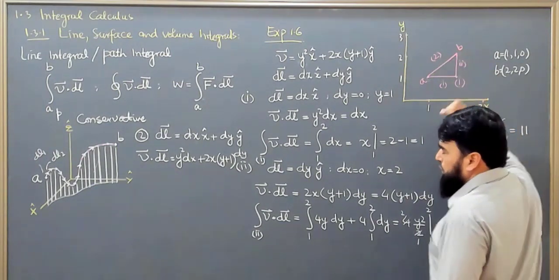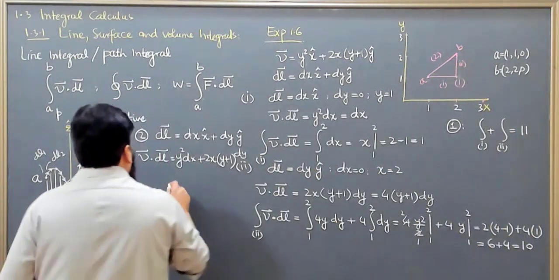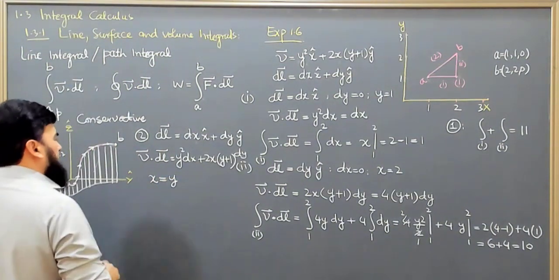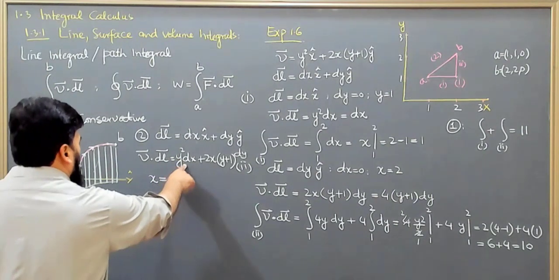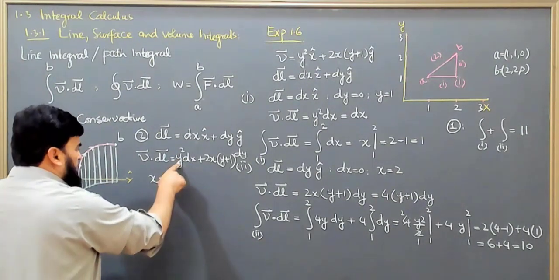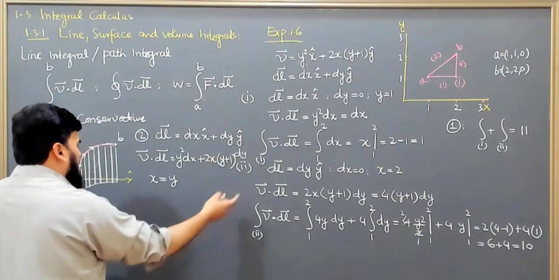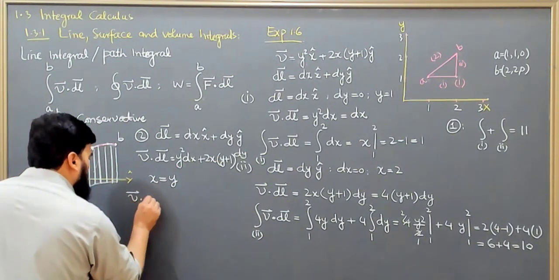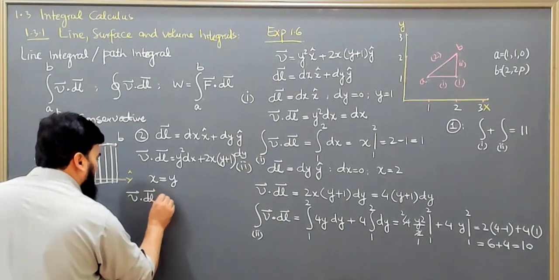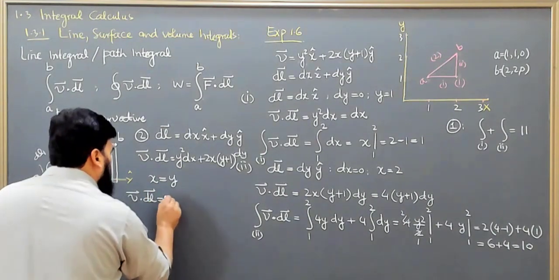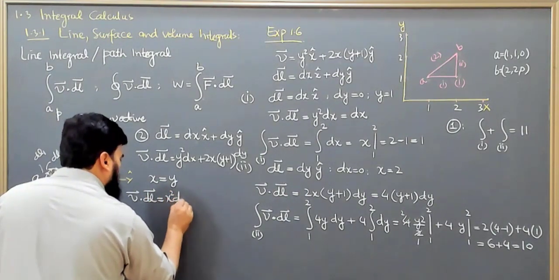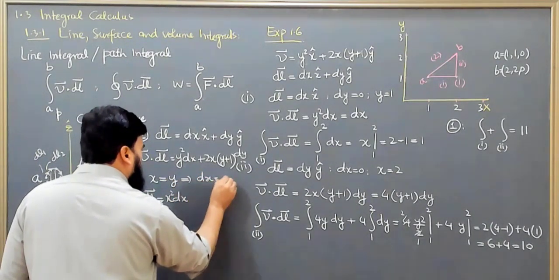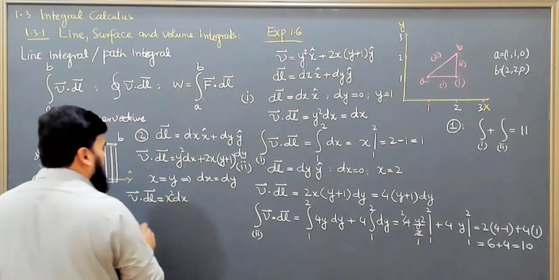So x is equal to y here. Put either y equal to x or x equal to y, and then v dot dl is equal to x square dx, and this implies that dx is equal to dy as well.